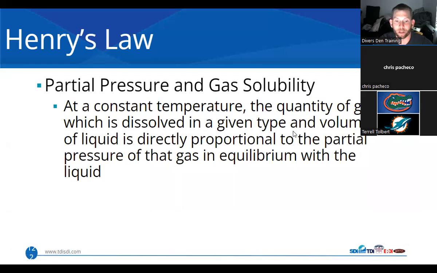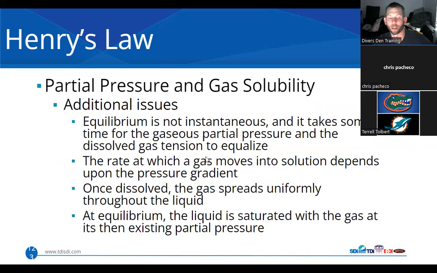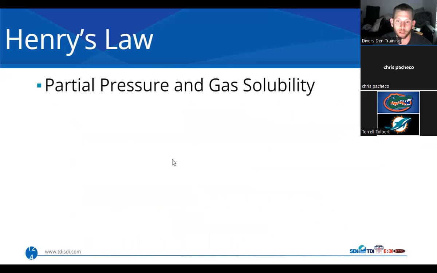Partial pressure, gas solubility. This is Henry's law, and this is what I was talking about. This is all a given. Henry's law: it'll dissolve the same amount, uniformly spread, at the same equilibrium, at the same pressures every time.